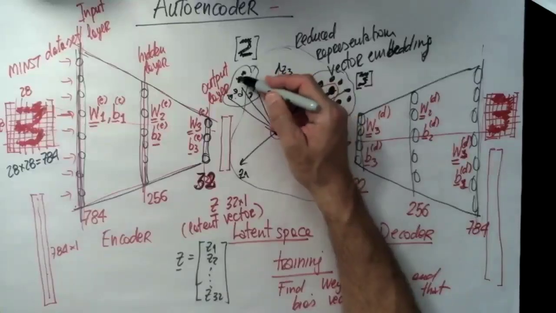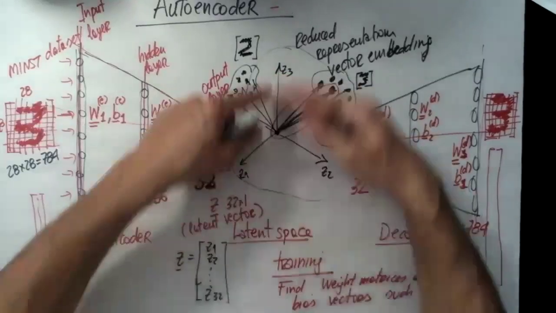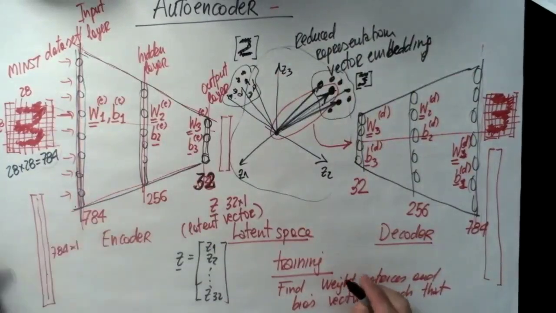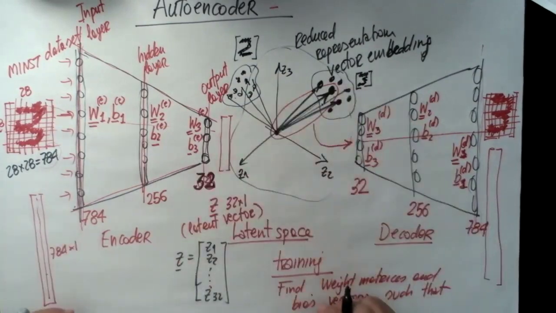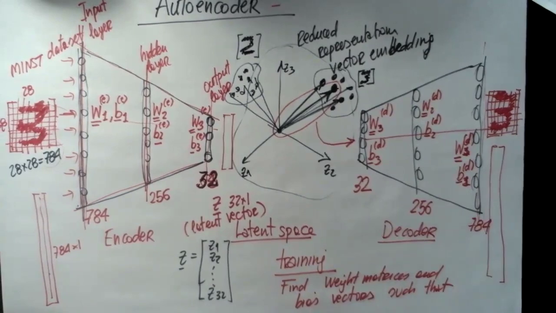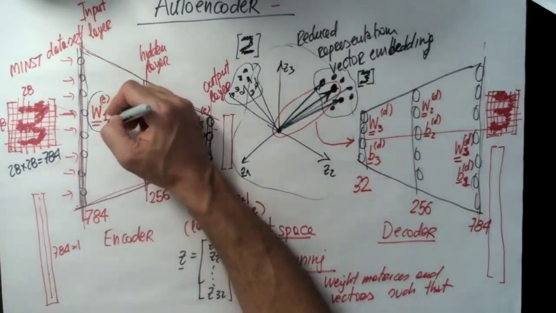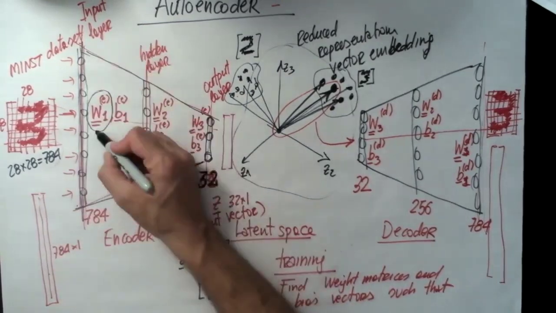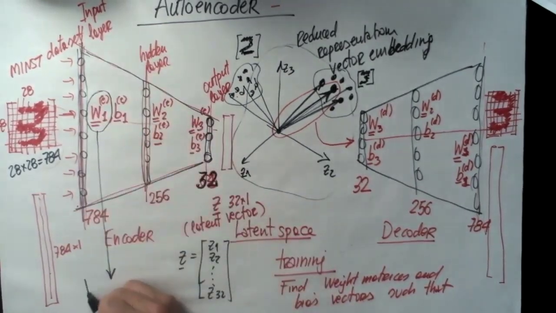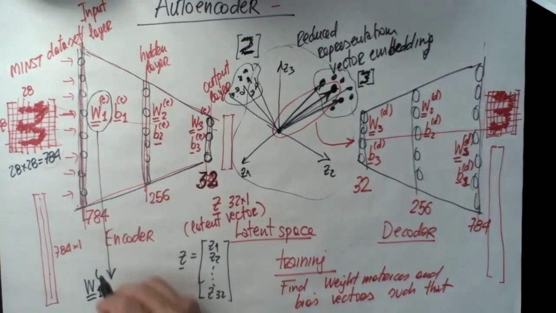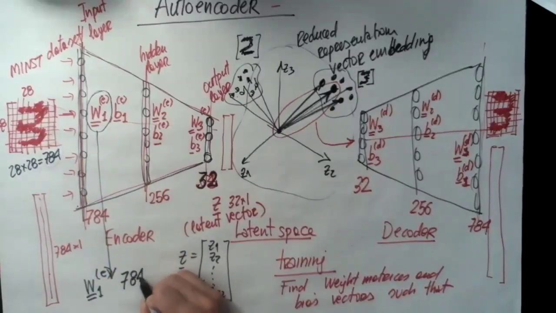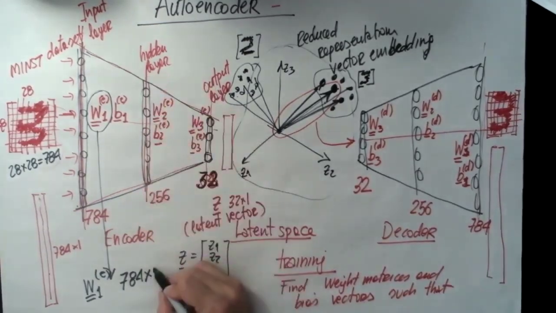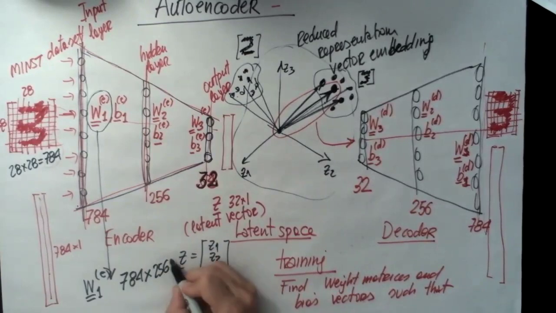So in the latent space we have an easy way to see better what the content of all our images is. And there is something more. The weight matrix of the first layer has dimensions 784 times 256, because we need to pass from 784 to 256. Okay?